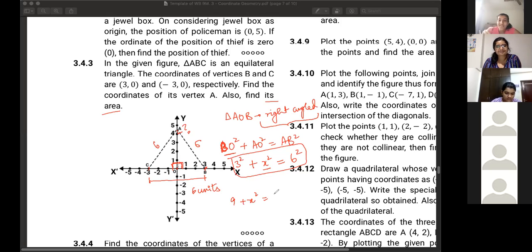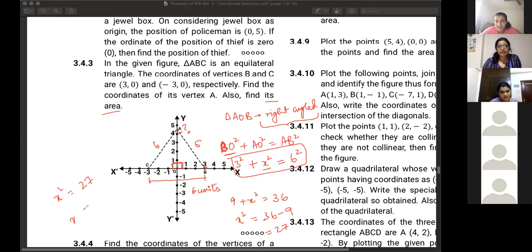Oh, sorry. It will be 5. Sorry, ma'am, I forgot to square it. This will be 36. So X square will be equal to 36 minus 9. How much is that? 27. Ma'am, 27. But I'm not getting this. X square equal to 27, right?